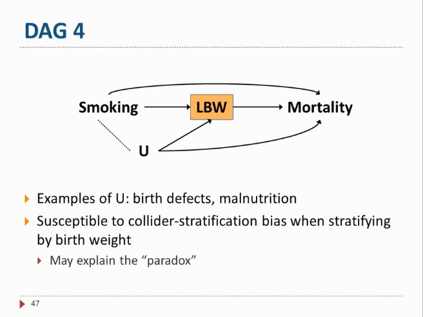And through simulations, we've seen that adjusting for low birth weight here, the bias is sufficient to actually flip the direction of the effect so that we would see that smoking is protective. The bias is not always that strong, but there are scenarios where the bias can actually flip the direction. And so in this case, this DAG is consistent with adjusting for birth weight causing the paradox.